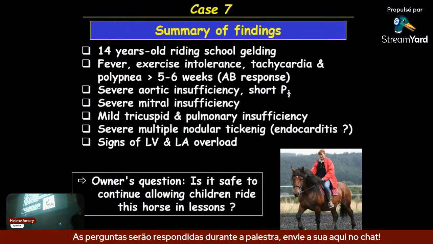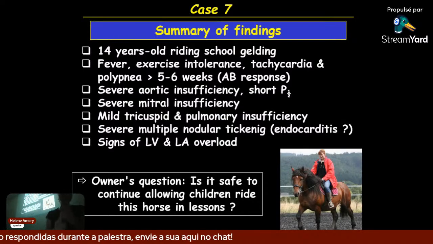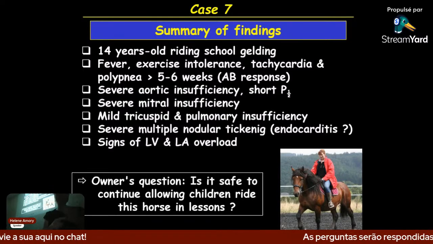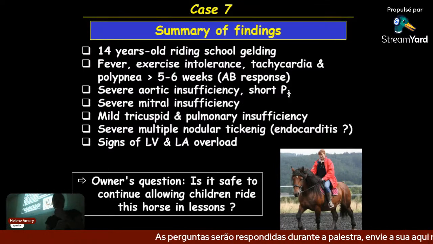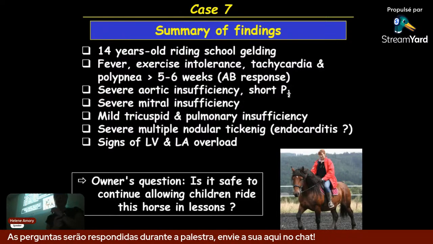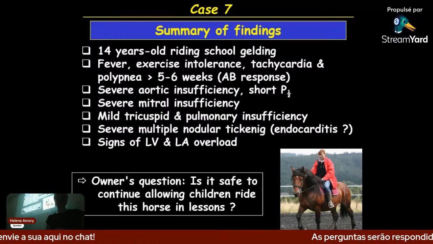In summary, the history: 14 years old, she has exercise intolerance, she has fever, okay. Some polypnea, okay, we come back to that. A very severe aortic insufficiency, a very severe mitral insufficiency, a mild tricuspid and pulmonary insufficiency, thus all the valves were insufficient.